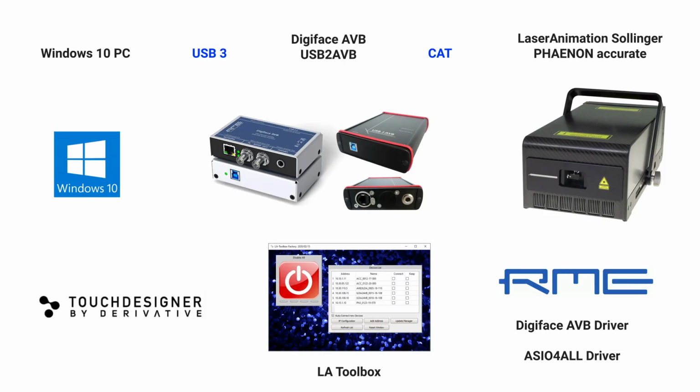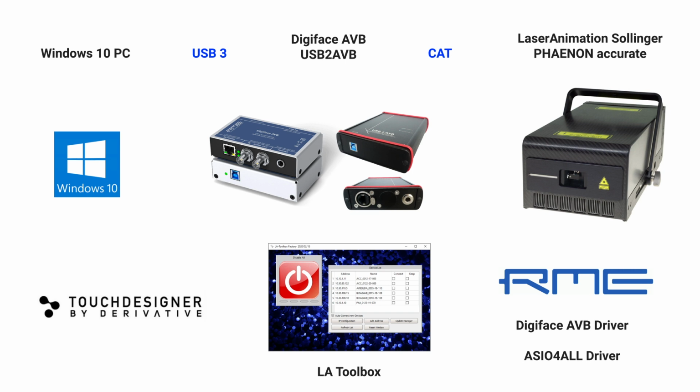So basically, let's look at the setup. I've got a Windows 10 PC, a laptop. I'm using a USB to AVB device from Laser Animation Zollinger, which is connected to my PC over a USB 3 cable, and I'm using the Fanon Accurate from Laser Animation Zollinger.